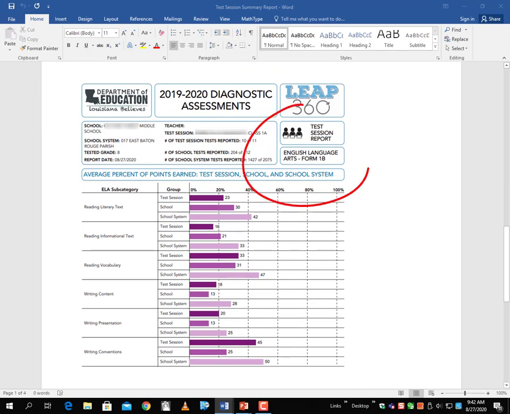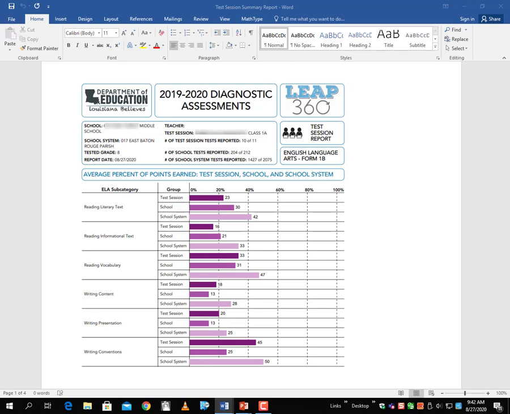So this is grade 8 English, and remember that was Form 1B. I want you to notice something here. See right here where it says number of test sessions reported, 10 of 11. That means that there were 11 students in that test session, and one of them either did not complete all sessions of the test, or if they did, the teacher did not score the written response.